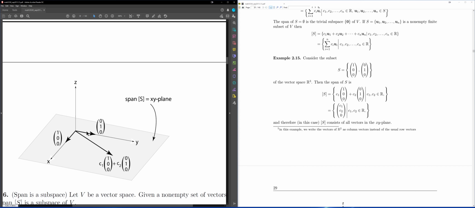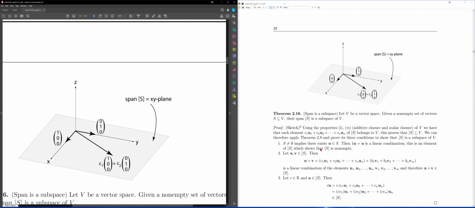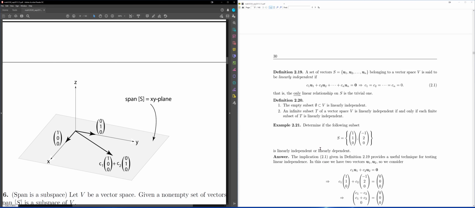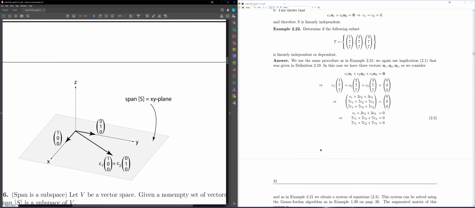It's a plane passing through the origin. So these two vectors, when you took the span of them, gave you this subspace, the xy plane. Now the next definition we want to look at is related.